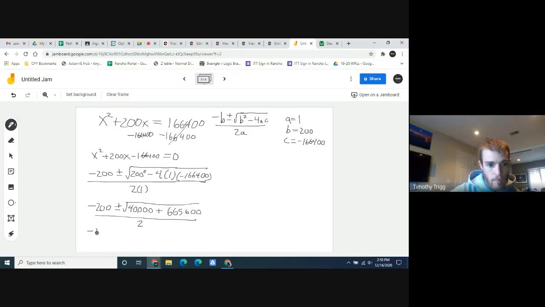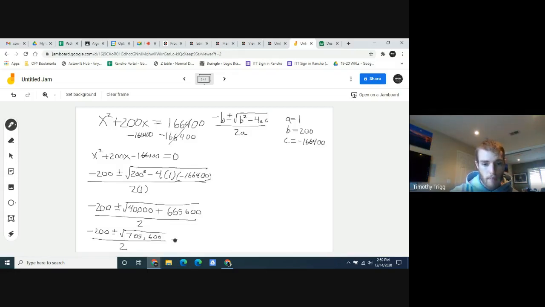So that's going to be negative 200 plus or minus the square root, and we add these together. So that's going to be 705,600, all divided by 2. I wrote this all long now. There we go. So on our calculators, we could do the square root of 705,600, that's 840.